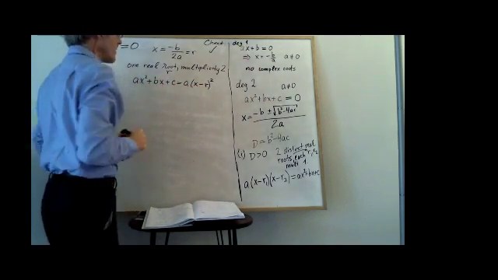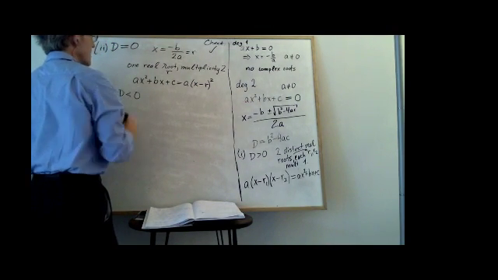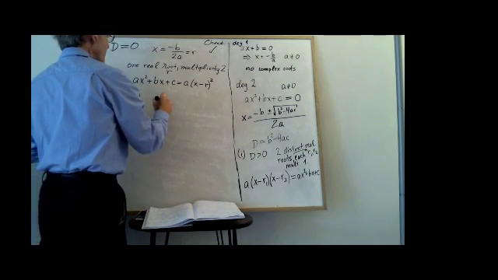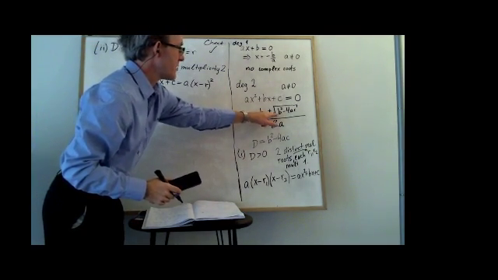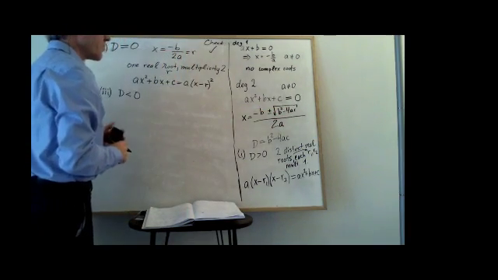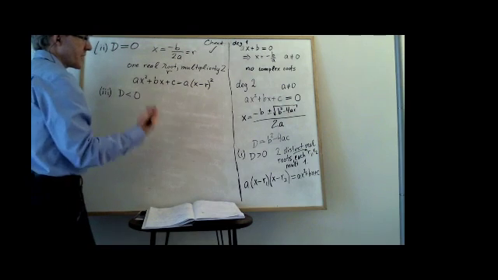Finally, D less than 0 means you have an imaginary number coming up here, because the thing under the square root will be negative. When you take the square root, you'll get an imaginary number.